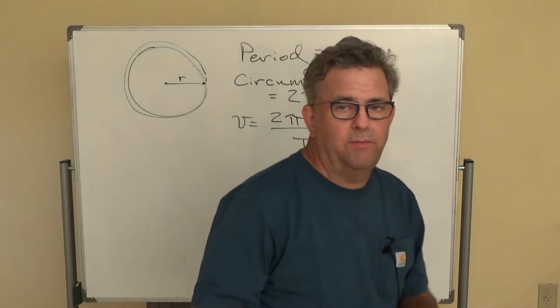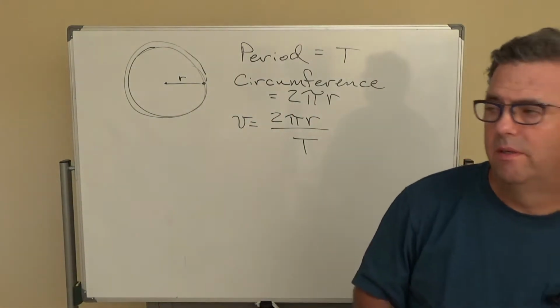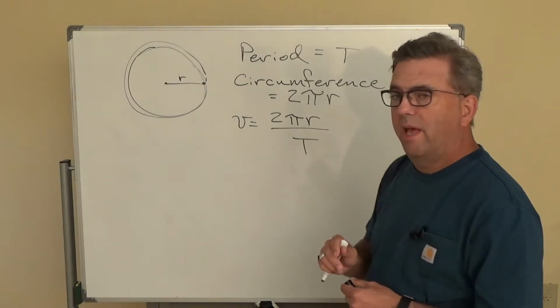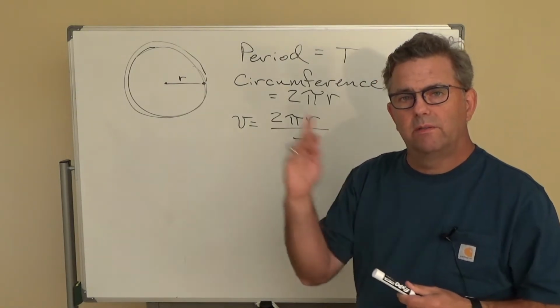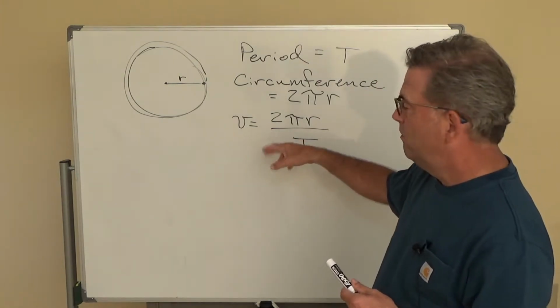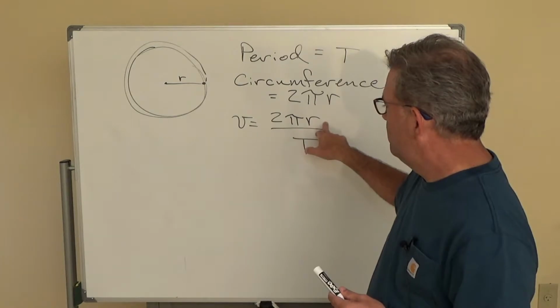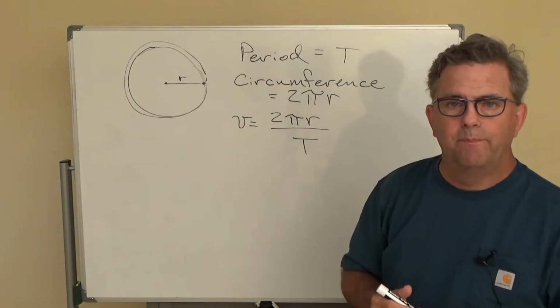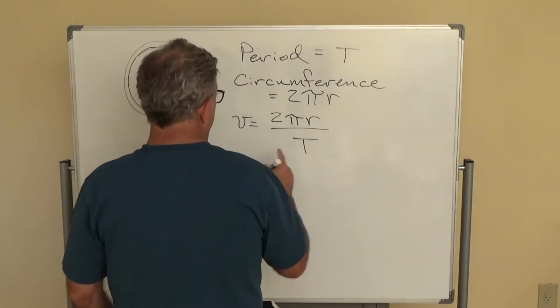So if you know the period of an object and the radius that it's moving in around that circle, then the magnitude of the velocity is the distance around divided by the time. We can move this around.